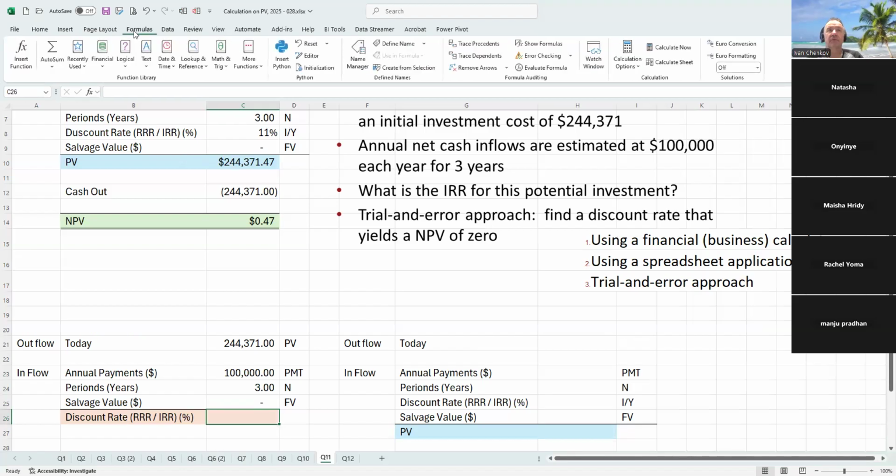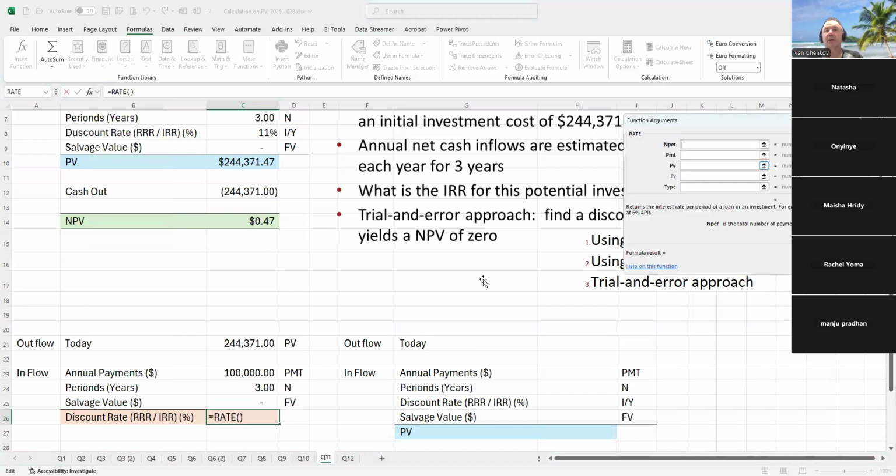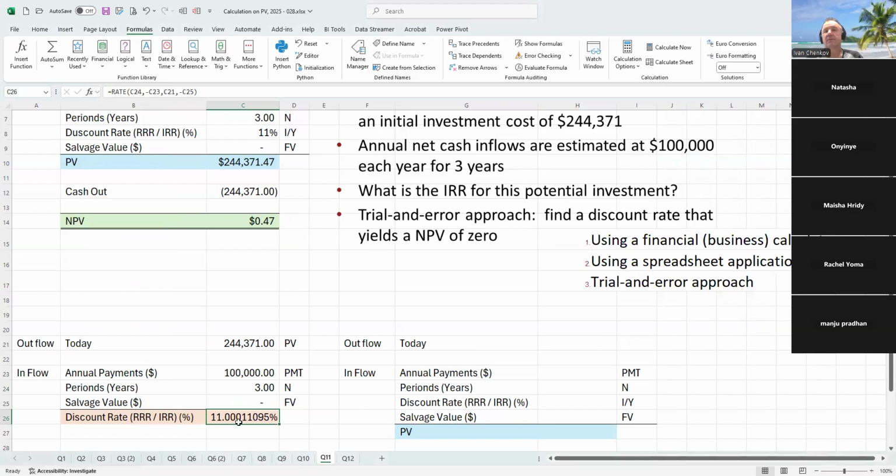We're going to use one of the formulas for finance, called rate. And in the rate, we're going to start plugging in the numbers. Periods, 3. Payments, negative 100,000. Present value, positive, the amount that we're paying today. Future value, there's no future value, that's zero. So how much is my internal rate of return? It's that much.